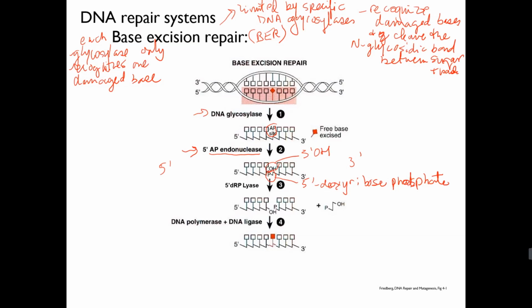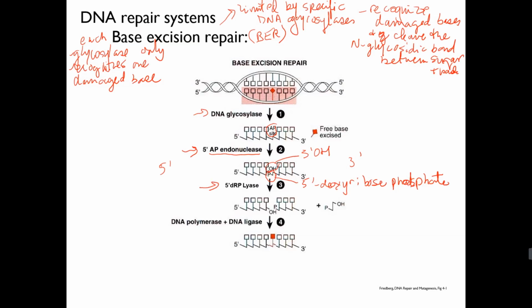So what happens at this stage, at stage number 3, is that we need an enzyme that will remove the 5' deoxyribose phosphate. And this is performed by an enzyme with a 5' DRP lyase activity. Okay, so it's represented here.